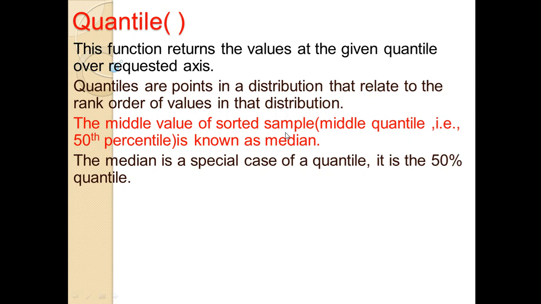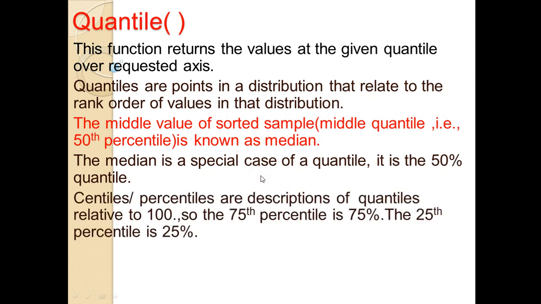And then whichever is the middle value is known as the middle quantile, or the 50th percentile, and actually it is known as the median. Median is the middle value in a set of numbers. The median is a special case of quantile, and it is the 50% quantile.